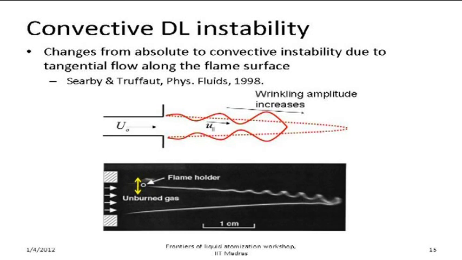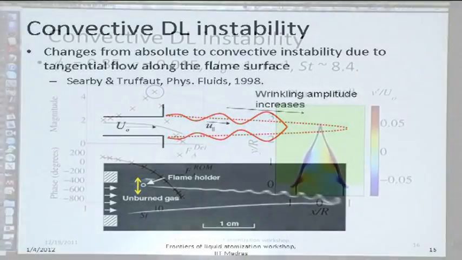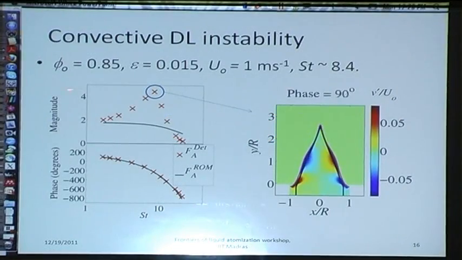So basically, the tangential velocity to the flame surface takes what is actually a temporally unstable situation and converts it to being convectively unstable. So I just call this convective Darrieus-Landau instability. And this is what is happening in the DNS as well.